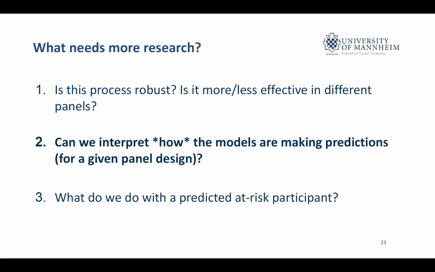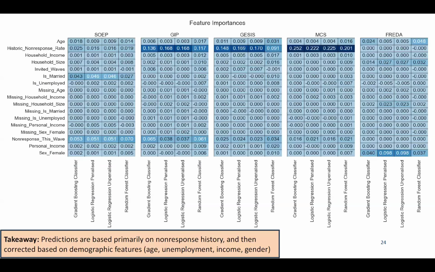Now, we're not at the point where we are fully explaining predictions, but we can talk about what the models are doing. What we have here, this great big wall of numbers, is what's called the feature importance. Feature importance is: if I were to withhold this data from the model, how much worse would its predictions get? And that's an indicator that the model really relies on that data to make good predictions.